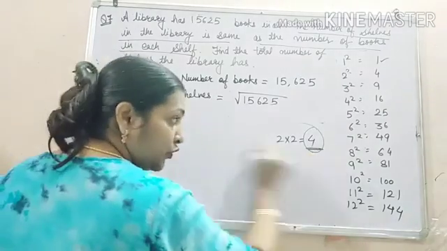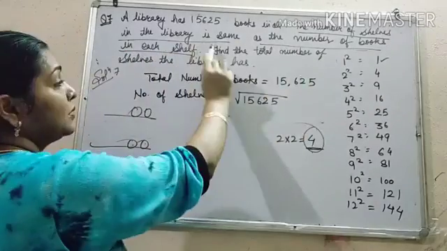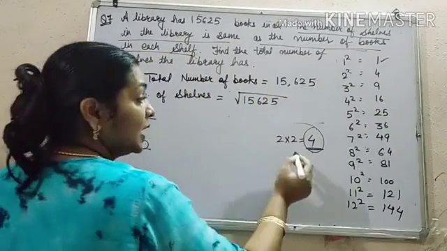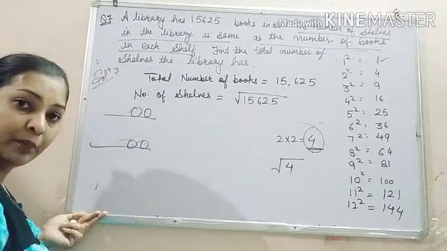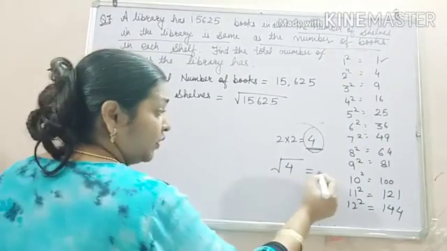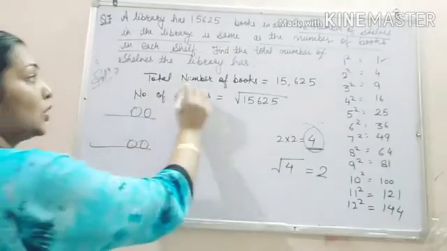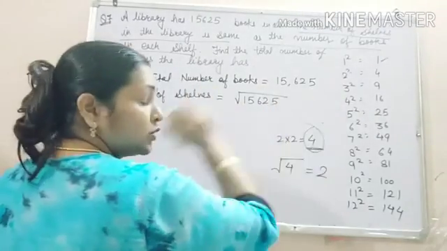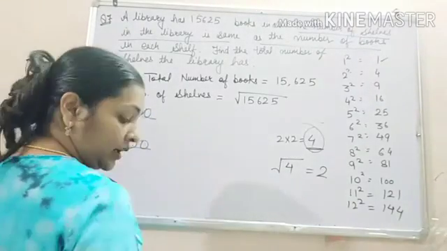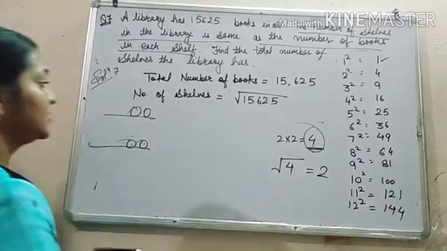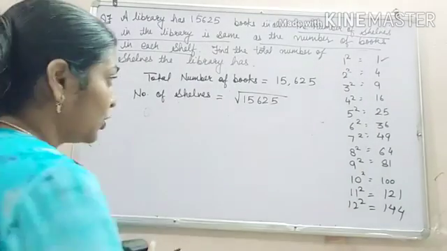That means if there are 4 books in the library and the number of cells in the library is same as the number of books, then number of cells will be equal to under the root number of books. That means it will be equal to 2. Isn't it so? So here also total number of books is 15,625. So number of cells will be equal to under the root 15,625.